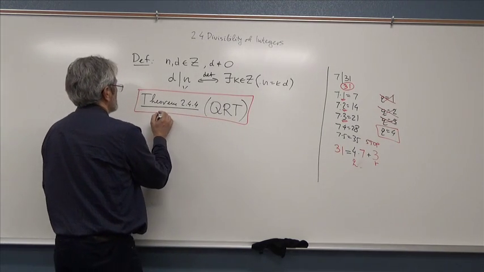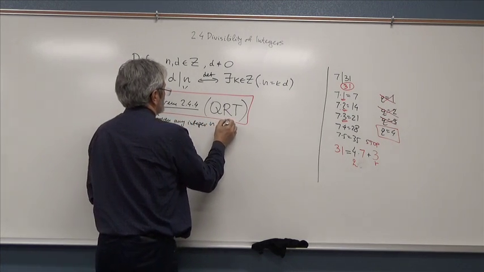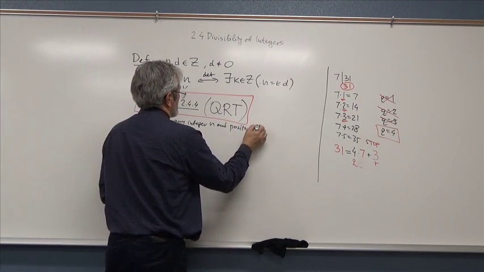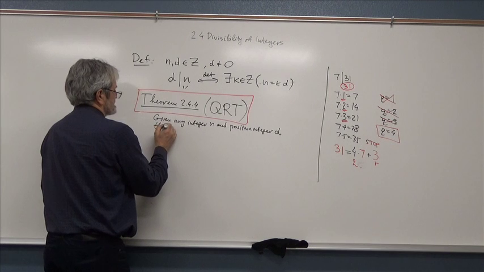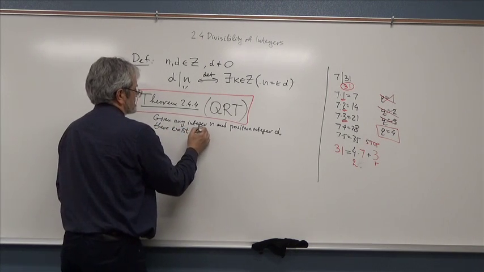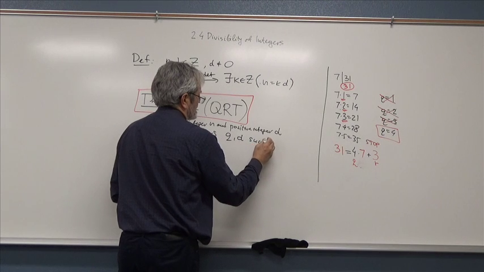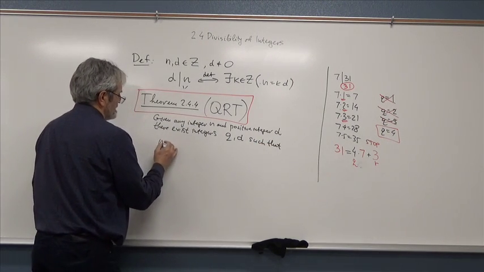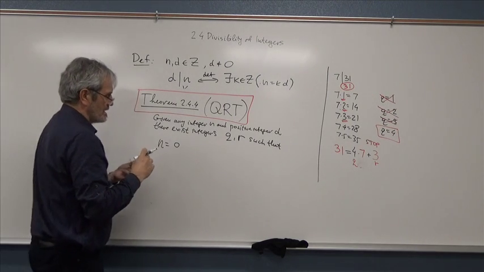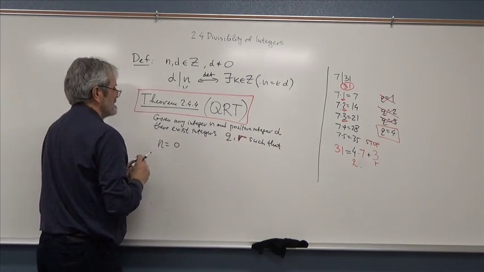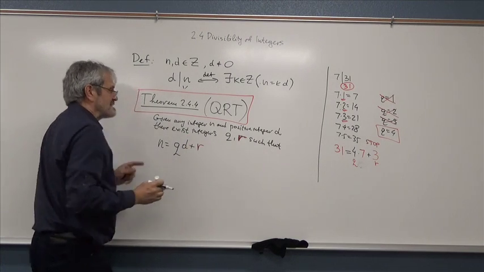So given any integer n and positive integer d, there exist integers q and r, d was given, such that n equals qd plus r, but something else.